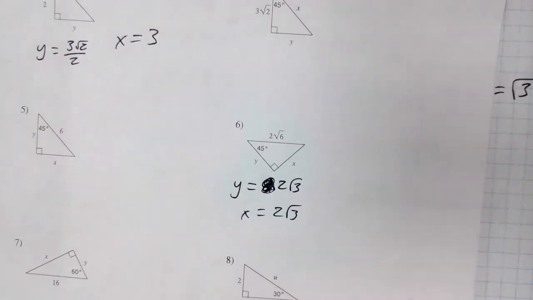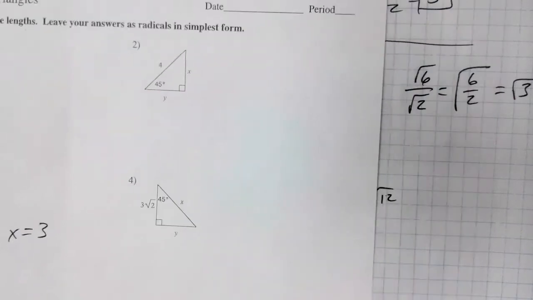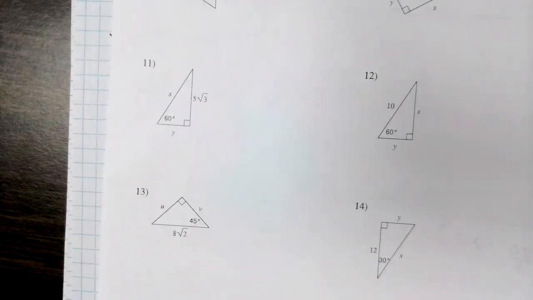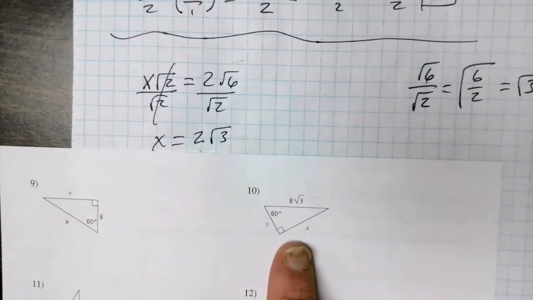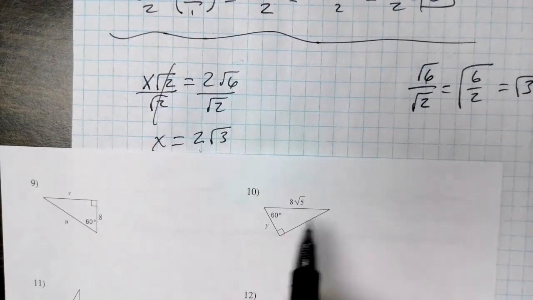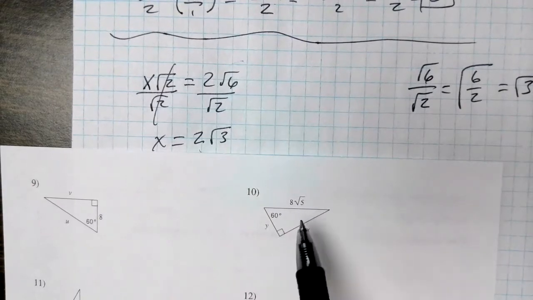Okay, so one of the tougher ones on the back, I'm trying to find here. The only tough one I think might be number 10. All the rest you should be okay with, but number 10, the hypotenuse is 8 root 5.